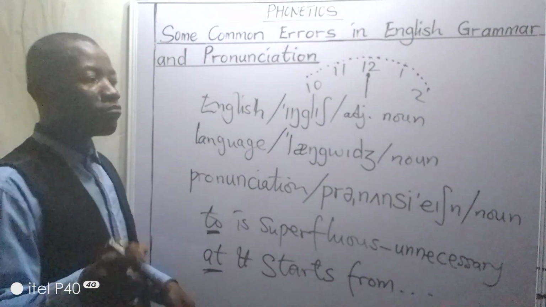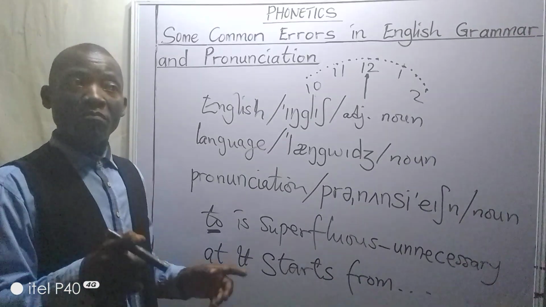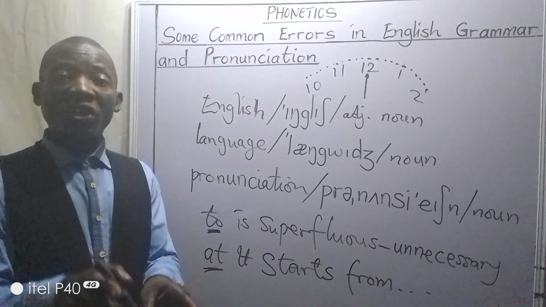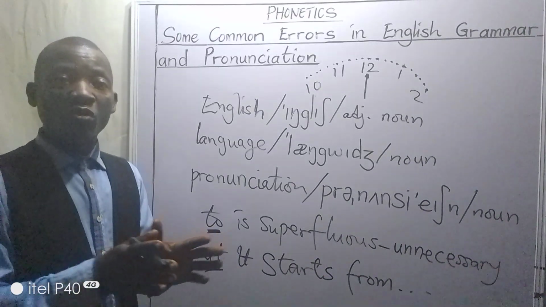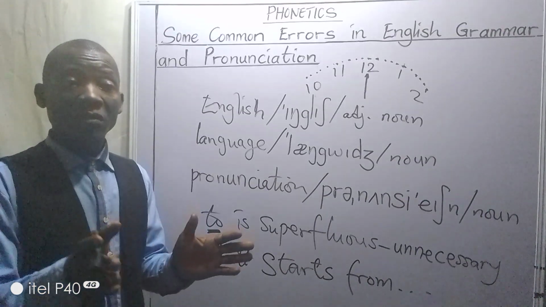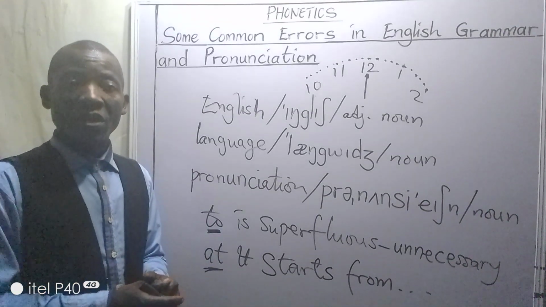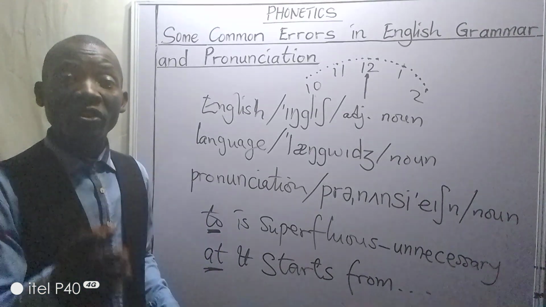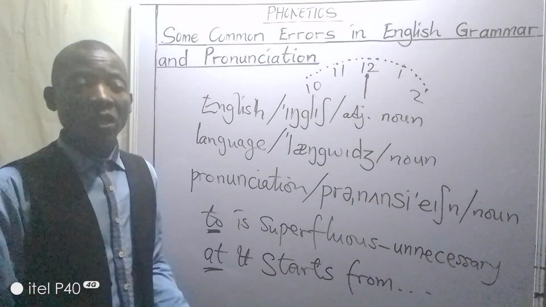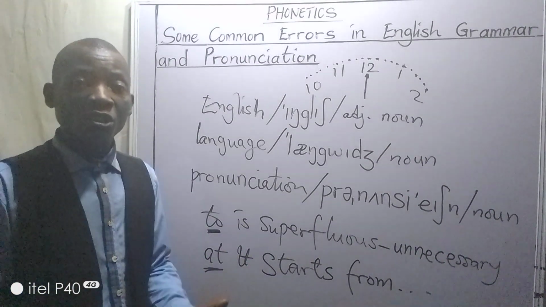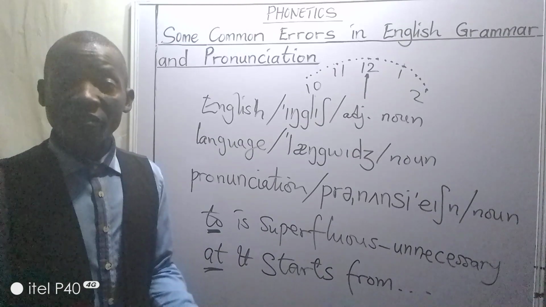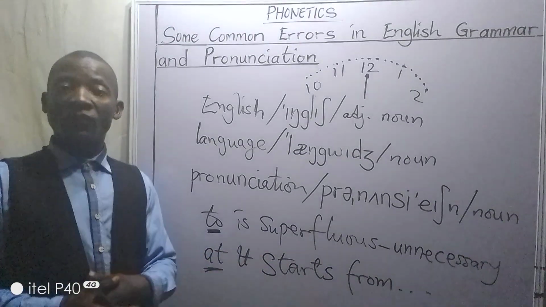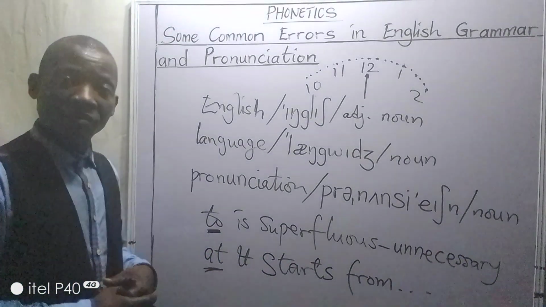You use among for 3 and above. Use between for 2 only. The two children share the oranges between them. The 3 children, 4 children, 100 children share the oranges among them. That's it.